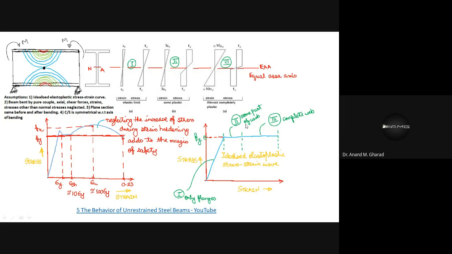Okay, so on the compression phase as well as on the tension phase, we will achieve this situation only based on this assumption. And ultimately what you will be getting is the development of plastic hinge. So I hope to some extent you have understood this behavior of the curve. Okay, I hope it is understood.